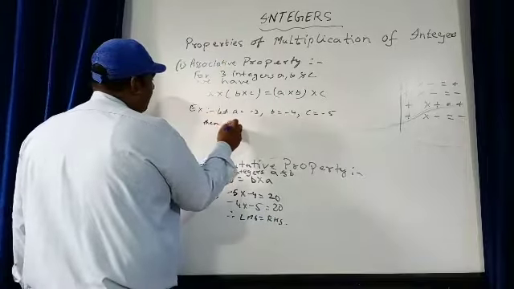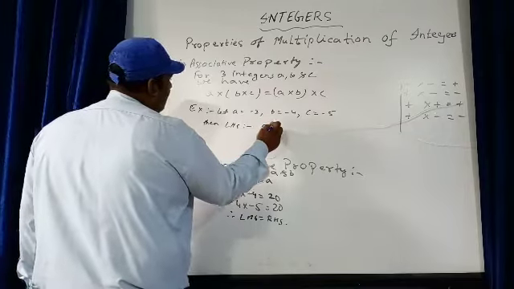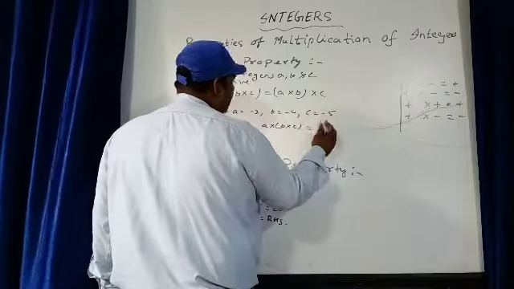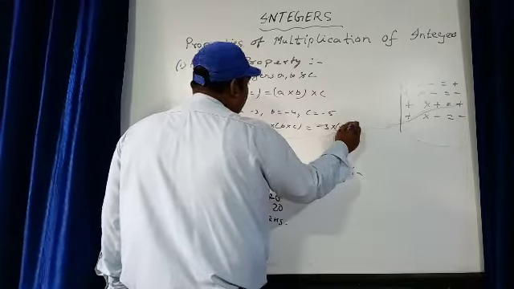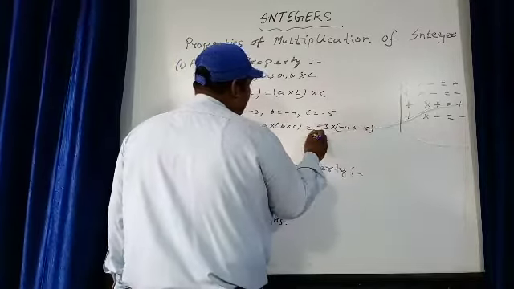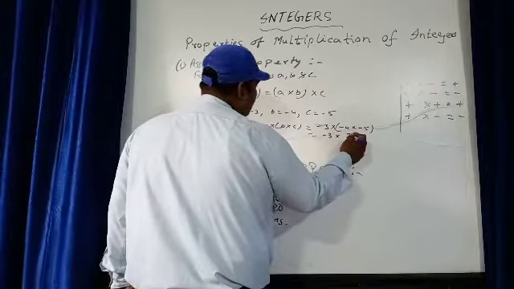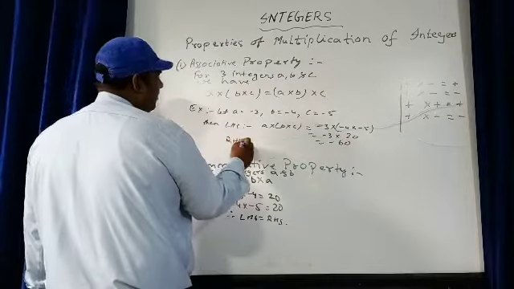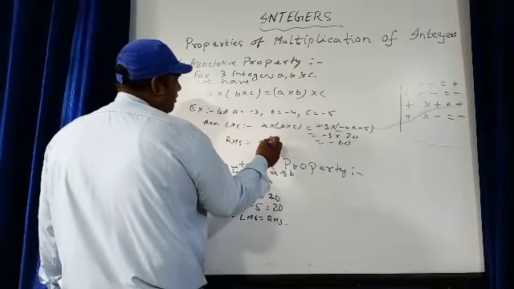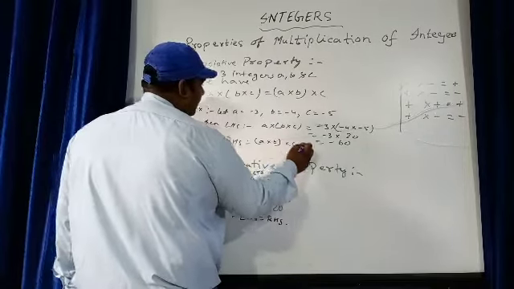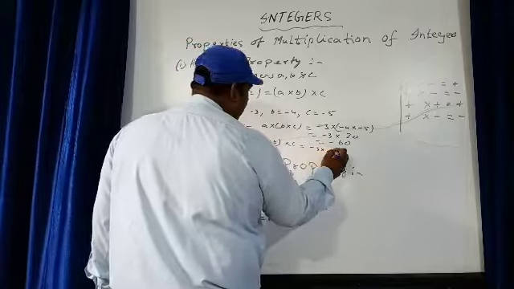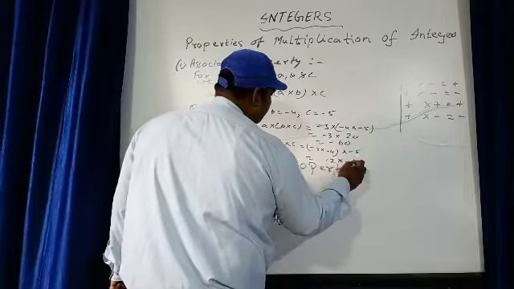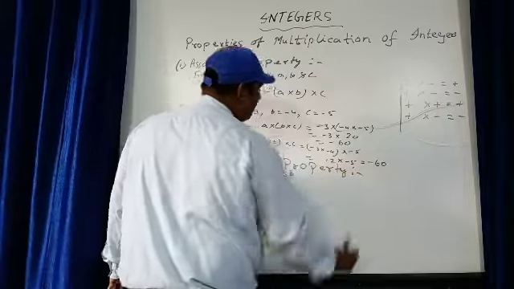Then LHS is (a × b) × c, that is (minus 3 × minus 4) × minus 5, that will be 12 × minus 5, that is minus 60. And RHS a × (b × c), that is minus 3 × (minus 4 × minus 5), that is minus 3 × 20, that is minus 60.